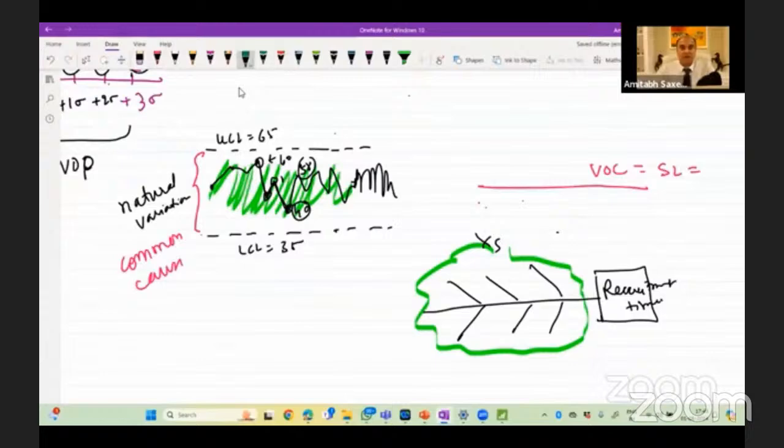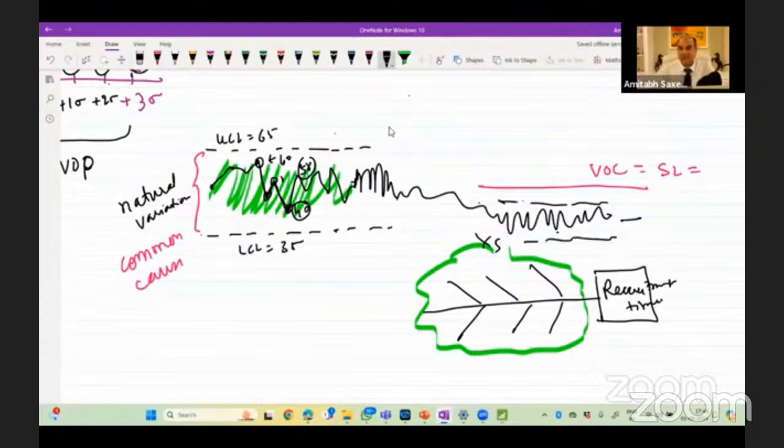So your objective is to bring your process and change the control limits so that your average is now 30 and standard deviation, let us say, I would say 3.